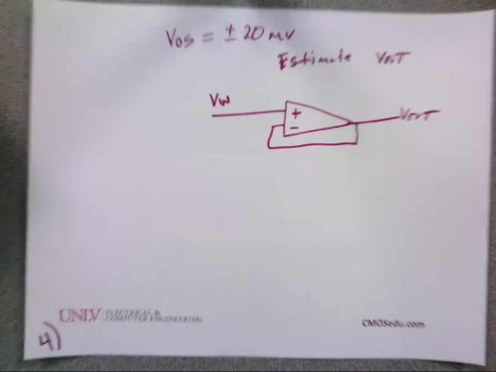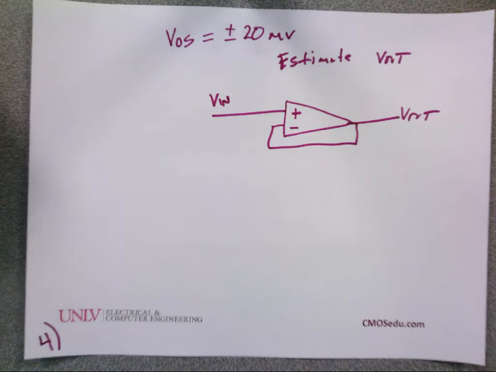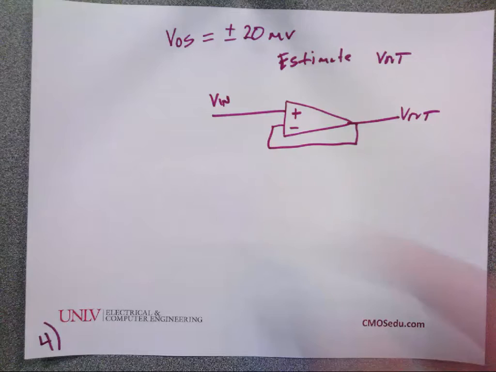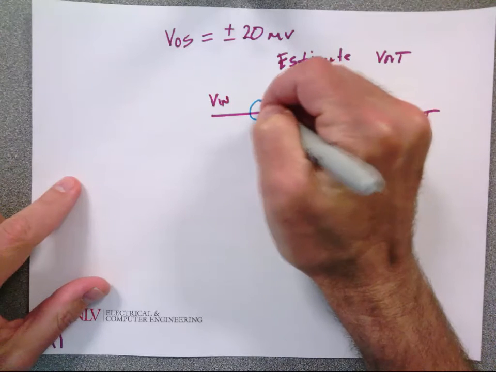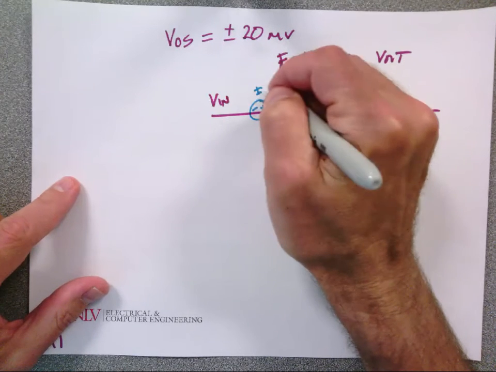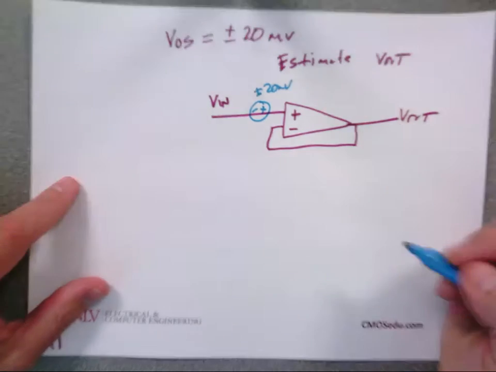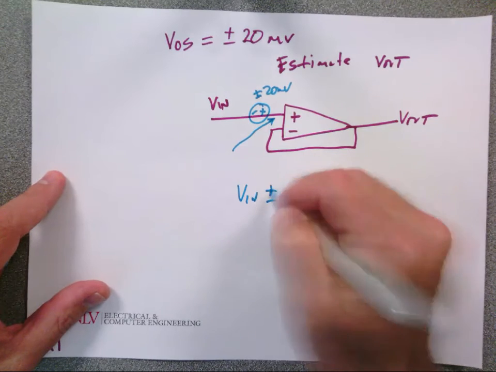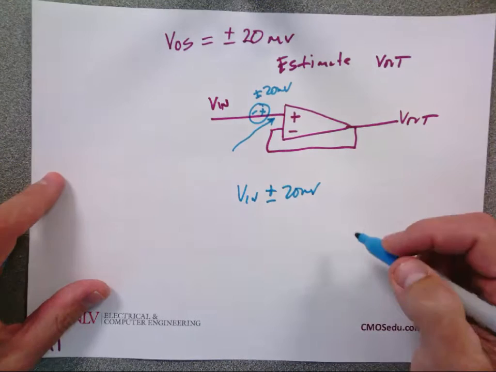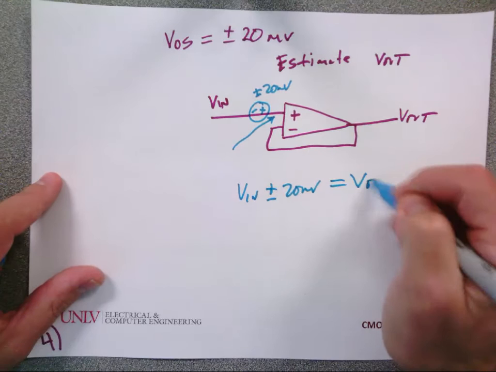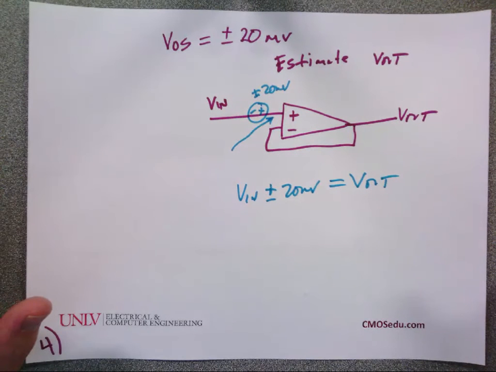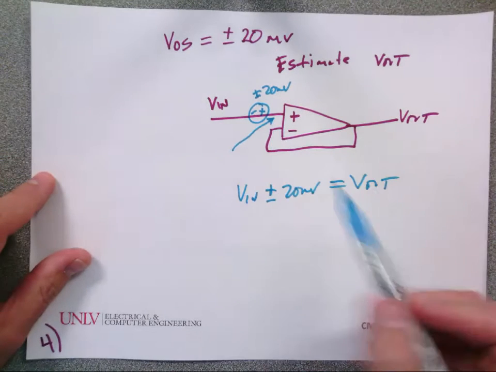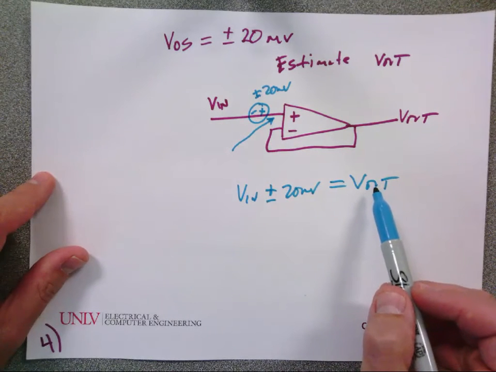When you talk about offset, first thing you do is put the offset voltage in series with the non-inverting terminal of the op-amp. So I have a voltage here of plus or minus 20 millivolts. That means this voltage here is V in plus or minus 20 millivolts. And with infinite gain, that means V out is equal to V in plus or minus 20 millivolts. So if the offset's random, that random offset is going to cause my output to change.